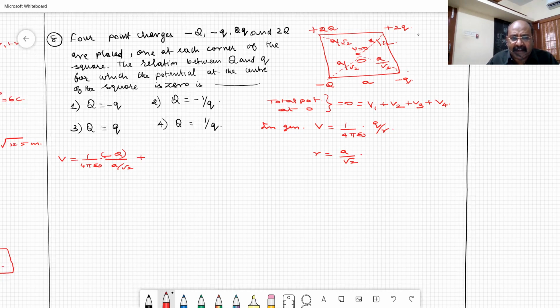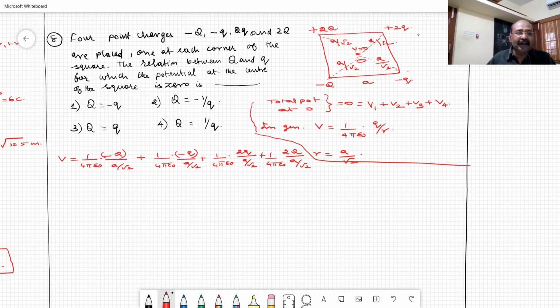Similarly, plus the next one, 1 divided by 4 pi epsilon 0 into minus small q divided by A by root 2, plus 1 divided by 4 pi epsilon 0 into 2 small q divided by A by root 2, plus 1 divided by 4 pi epsilon 0 into 2 capital Q divided by A divided by root 2. Isn't it?